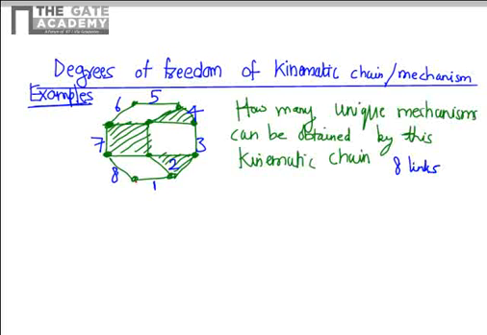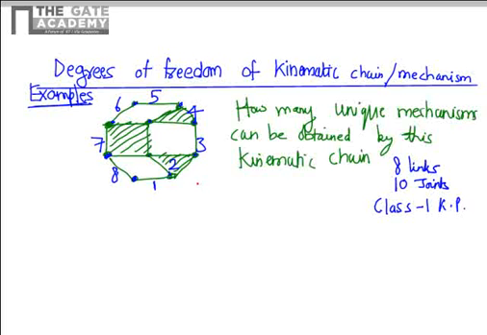Now we'll count the number of joints. So we have rotary joints, the pin joints. The count is 1, 2, 3, 4, 5, 6, 7, 8, 9, 10. So we have 10 joints, and we need to consider the class of the joints also. So all of these are rotary joints, so all of them are class 1 kinematic pairs.